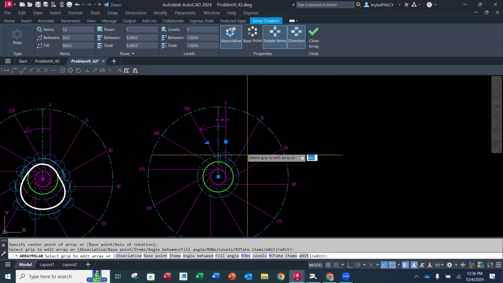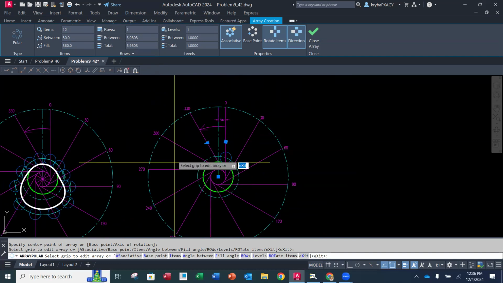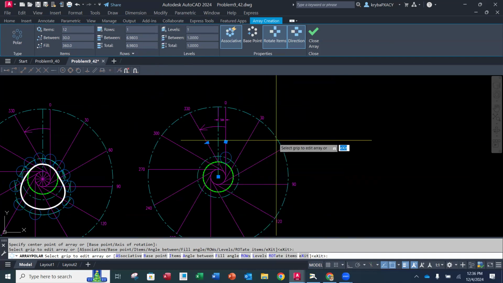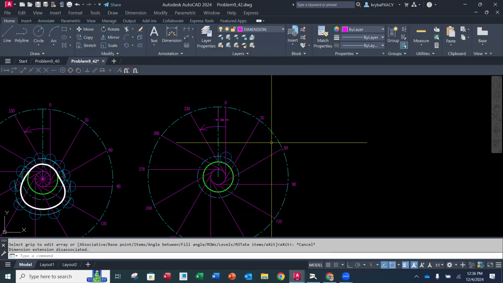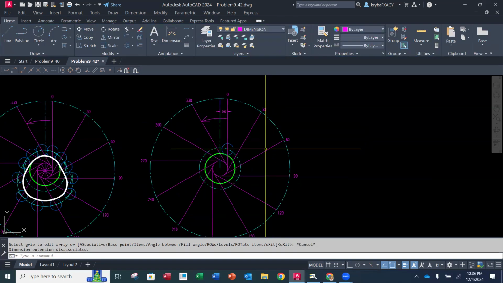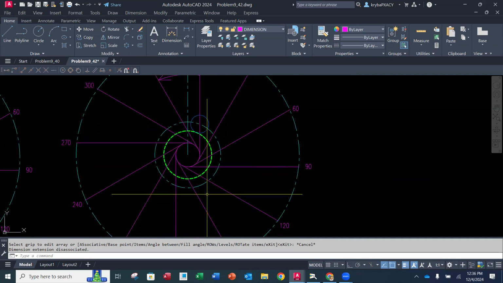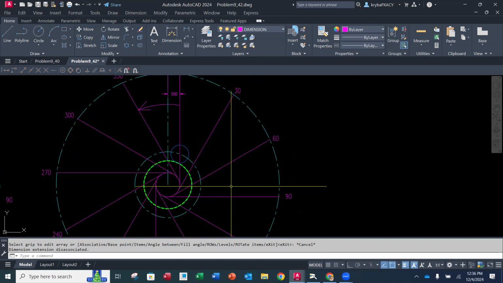Now it's generated an array of the lines that are offset for us. So using that array command makes that really easy to do. You're going to notice that that's going to correspond to, in a clockwise manner, 30, 60, 90, and so on.